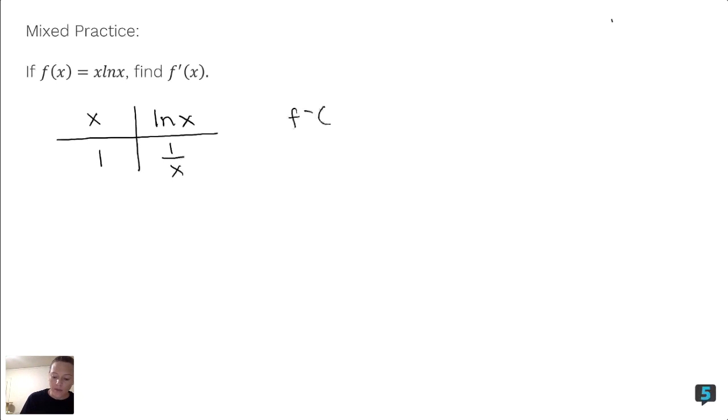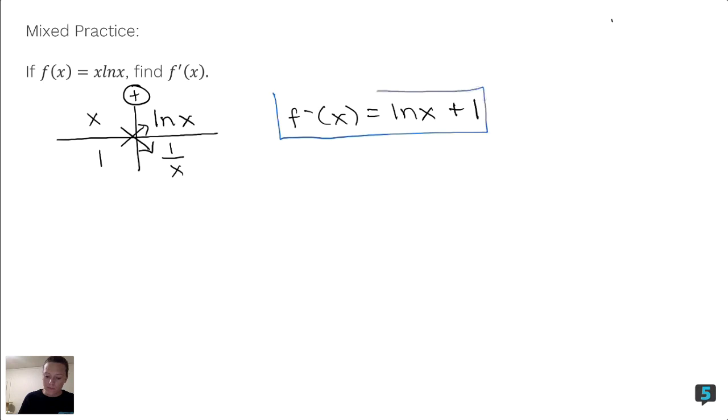So f prime of x would equal, we're going to criss-cross, 1 times the ln of x is the ln of x, plus, and now if I'm thinking ahead here, x times 1 over x is simply going to leave me with 1. So there we go. Any questions on that one?